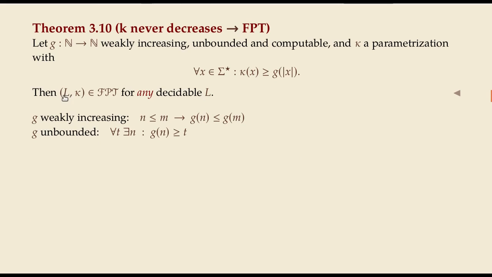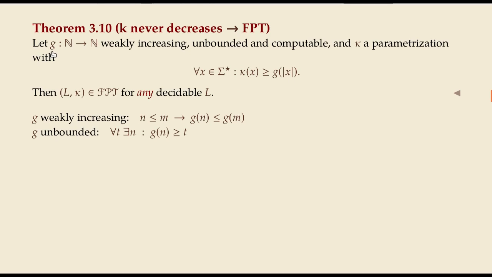We have a language L that's just any decidable language. It could be extremely complex from any of the hideous classes that are out there. And this is still FPT with respect to any parameterization that has this property, namely, the parameter of an instance is greater than a function of the size of the instance.